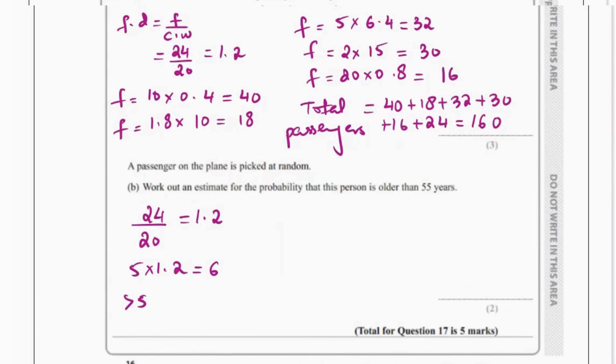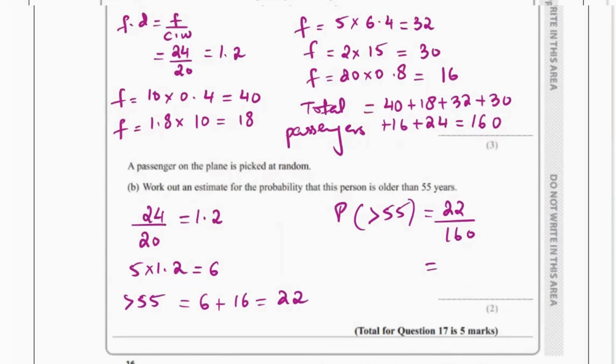So older than 55 people are going to be 6 plus the last interval at 16. So that's 22 people. So the probability of older than 55 is 22 divided by 160. If you want to simplify it, you can simplify it to 11 over 80, or you can even leave it as it is. So this is the probability for this person being older than 55 years.